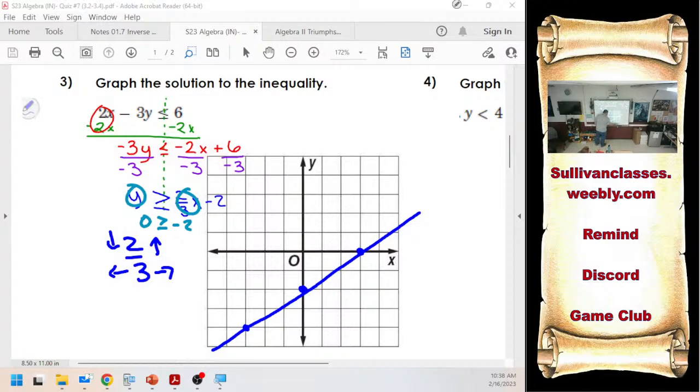So I would shade towards the 0. The other part of this is that it says y is greater than or equal to the line. So I would go to where it hits the y-axis and I'll shade up from there because the y's are greater when we go up.